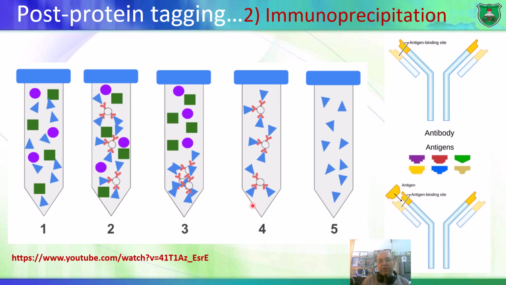Then we can simply release the protein of interest from the antibodies, and here we have a purified protein. Now this is known as immunoprecipitation. So this antibody, for example, would bind very specifically to one protein and not all of the other proteins. So really specific binding. So that's immunoprecipitation.